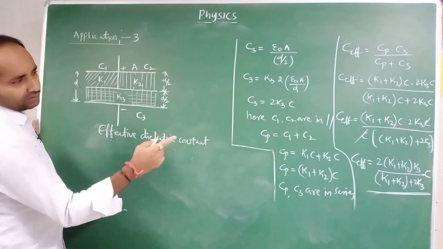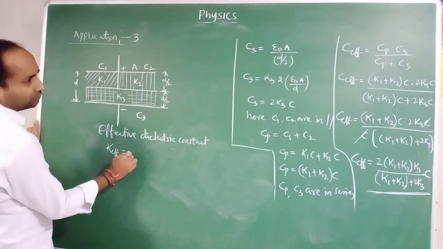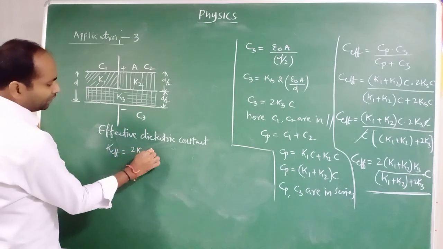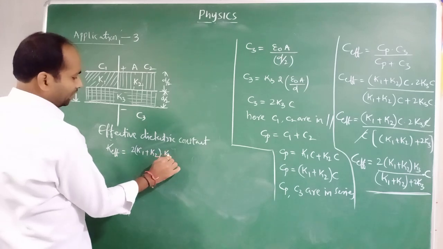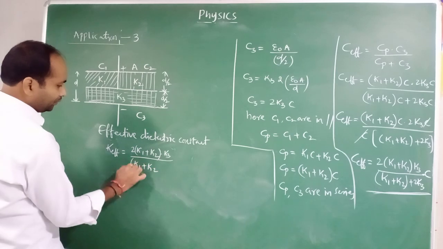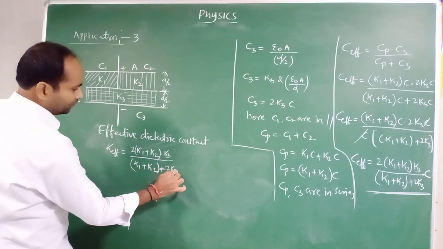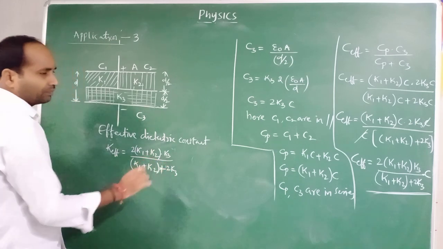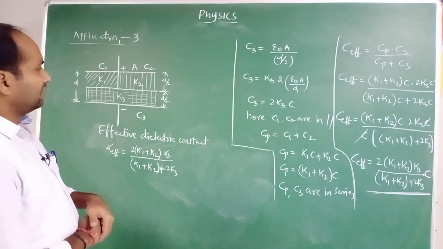K effective is equal to 2 K1 plus K2 into K3 by K1 plus K2 plus 2K3. So this is the effective dielectric constant.